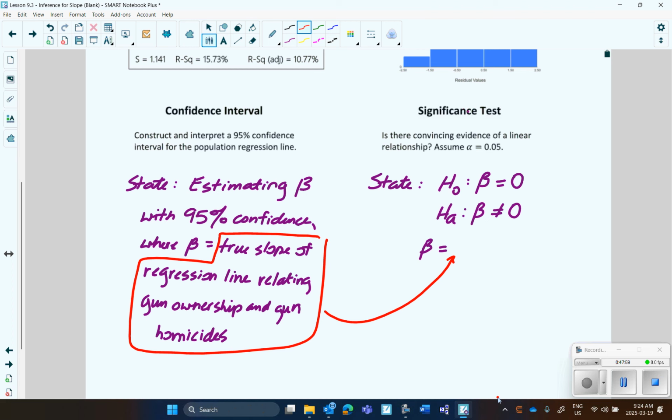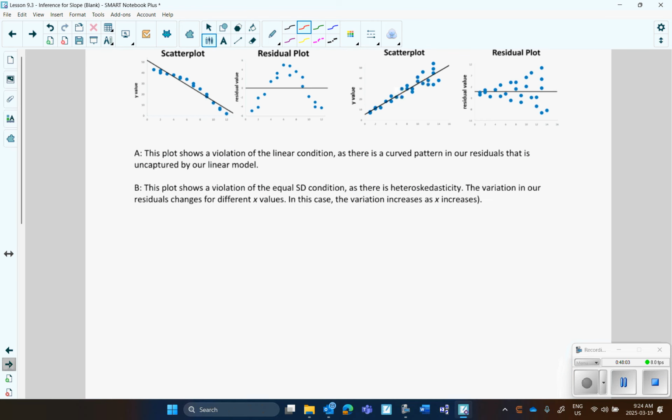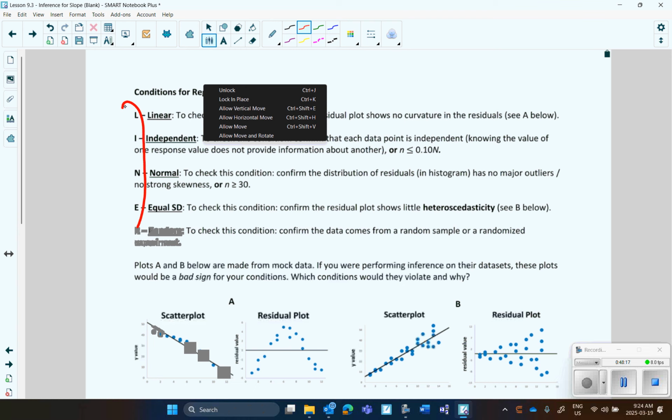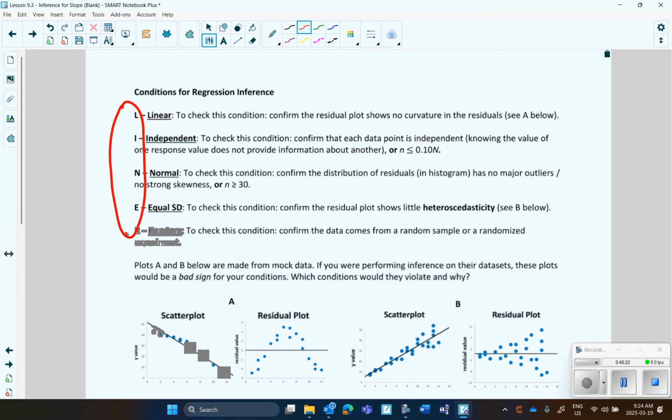Okay, conditions. You are used to 3. This one has 5. Think of the word linear, almost linear. Now, 3 of them are the same 3 as what we've done before.